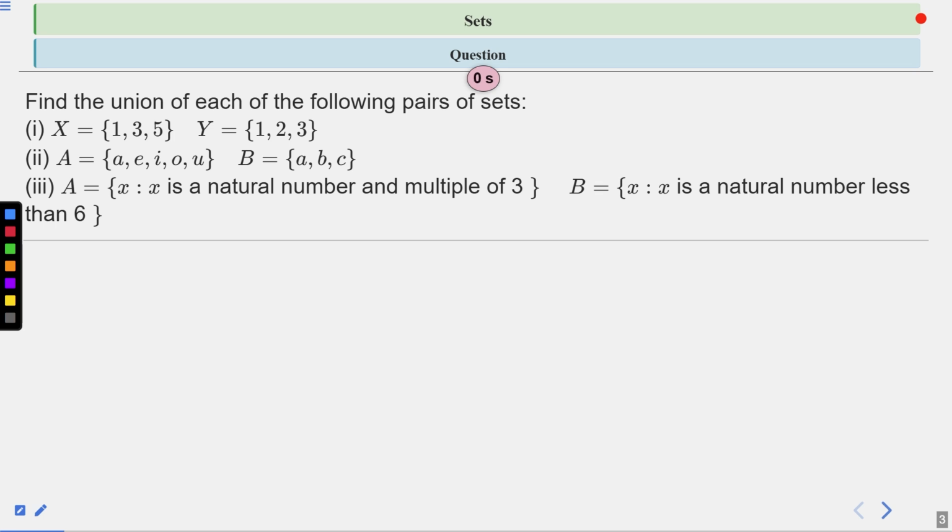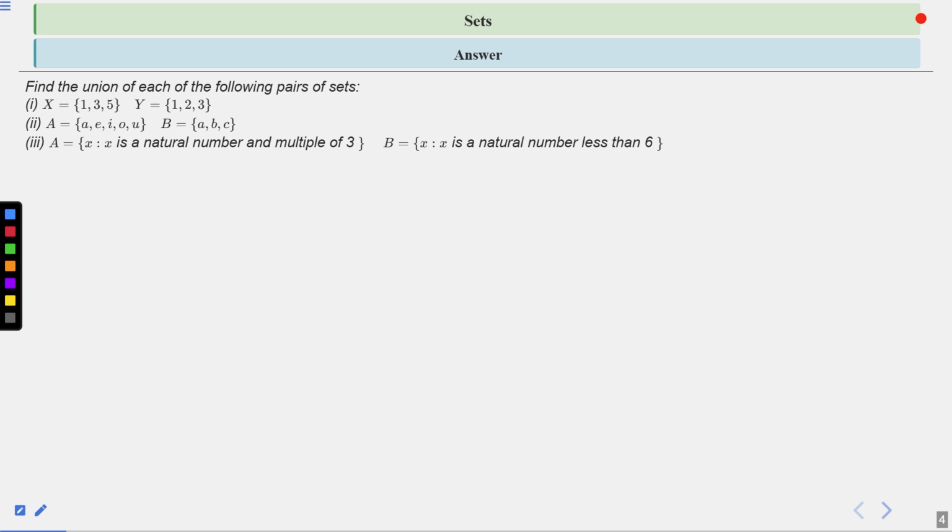I hope, as I can see, mostly the students are giving the correct answers. Let us see the solution and you can verify whether you are getting the correct answer or not. So, the solution. In the first, we are given two sets X and Y, X with elements 1, 3, 5 and Y with 3 elements 1, 2, 3.